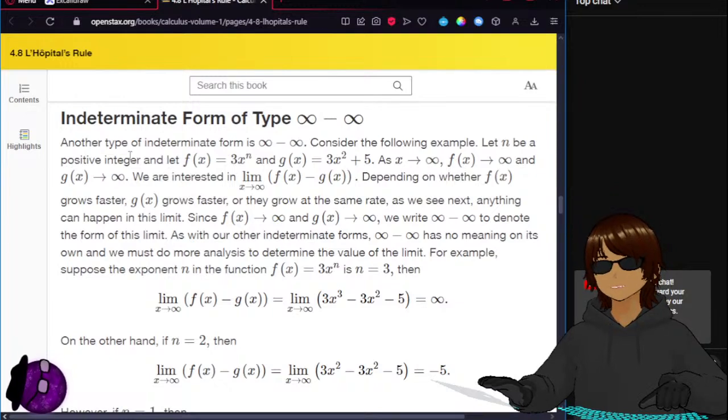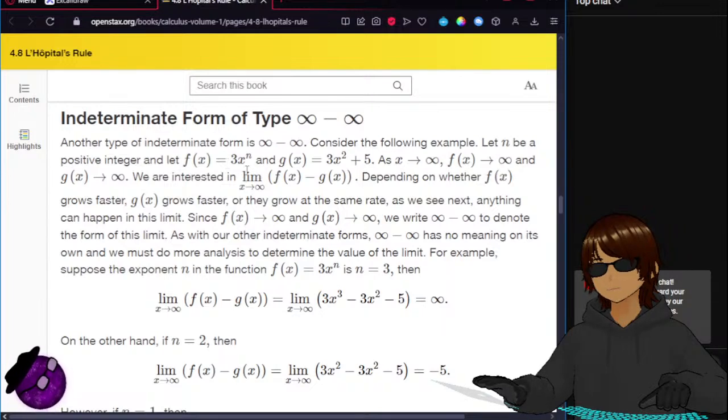Another type of indeterminate form is infinity minus infinity. Consider the following example. Let n be a positive integer and let f of x equal 3 times x to the power of n, and g of x equal 3x squared plus 5. As x approaches infinity, f of x approaches infinity and g of x approaches infinity.